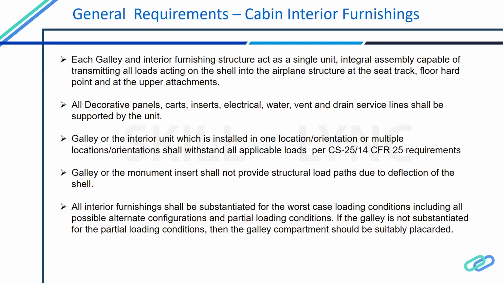It's not only about the loads, but one section of it talks about the loads that a cabin interior structure or an aircraft structure is supposed to withstand during its course of operation or service life. This requirement, CS25 or 14 CFR Part 25, which is one and the same, is derived from Part 21 Subpart J, which talks about design organization approval.